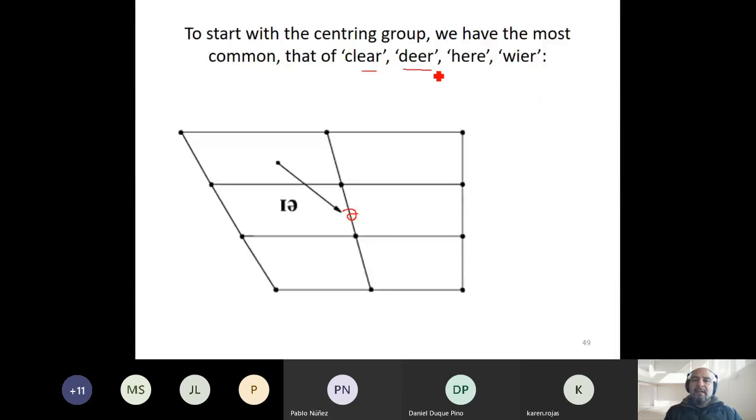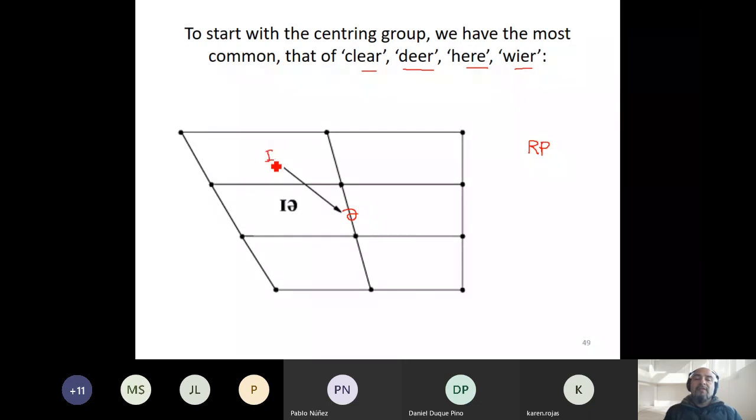Remember that this diphthong is quite omnipresent in RP, okay? Ear, clear, dear, here, and we're. You can try this on your own. I'm not saying that you have to speak like this.